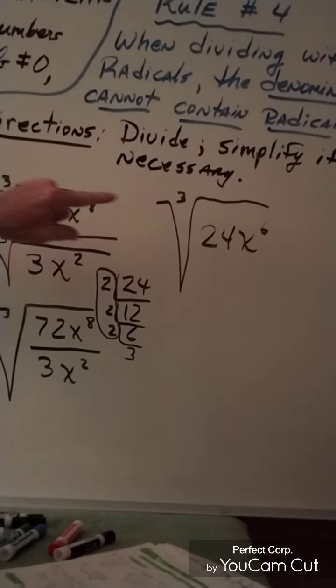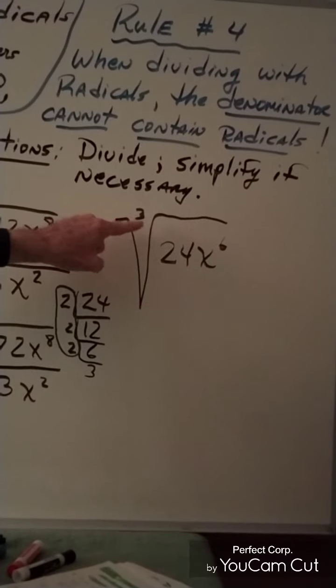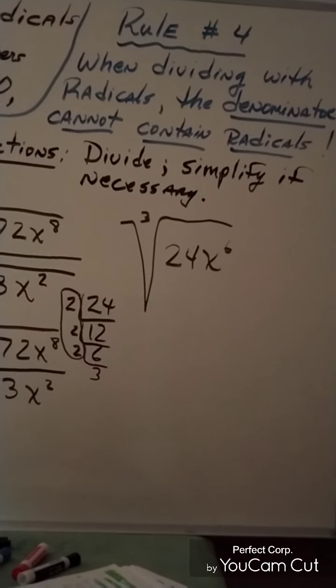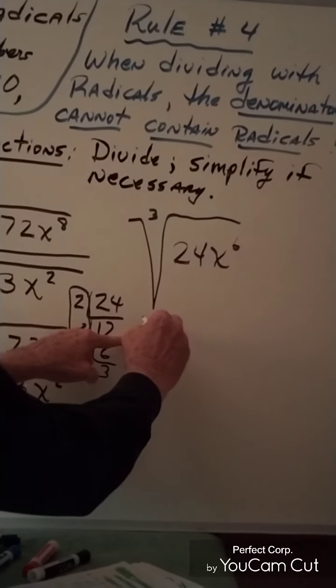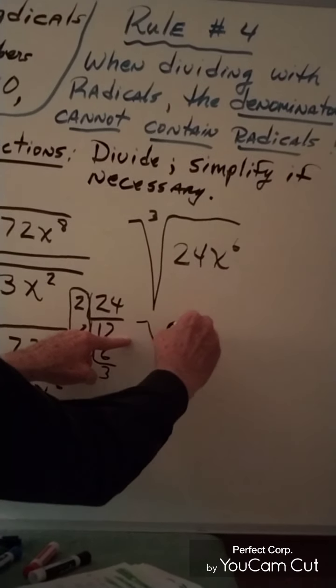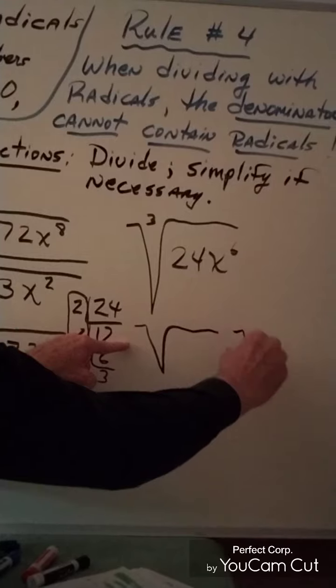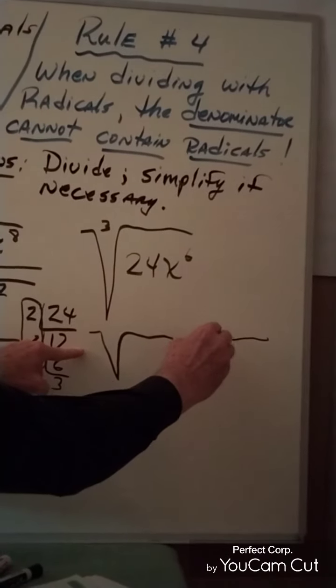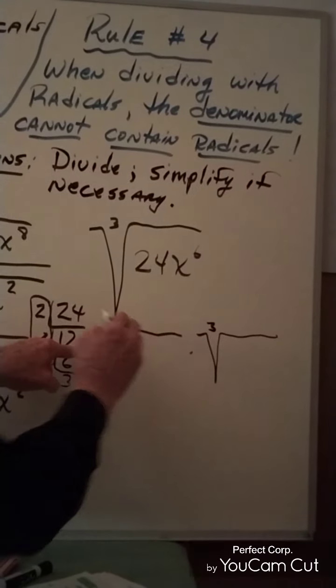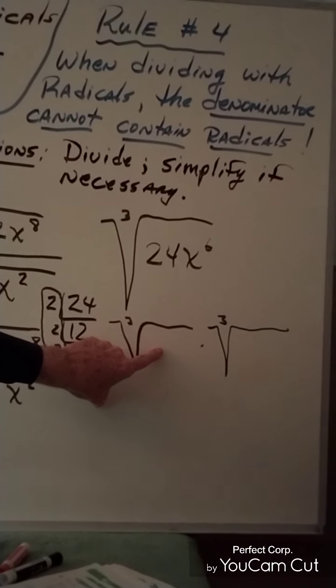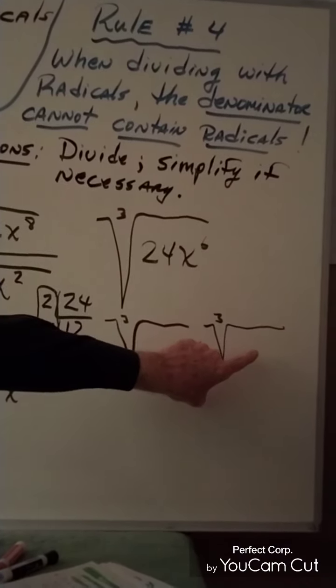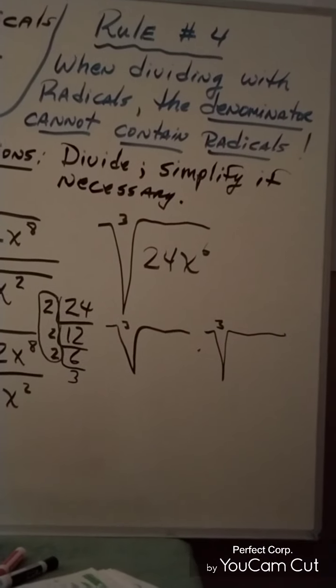So now we're going to take this cubed root of 24x to the 6th, and we're going to simplify it. We're going to bust this down into 2 separate radicals. Put that index of 3 in each one. This is going to be the rational house, and this is going to be the irrational house.